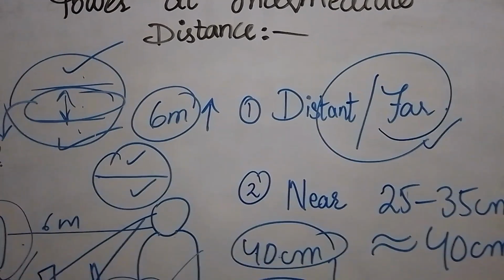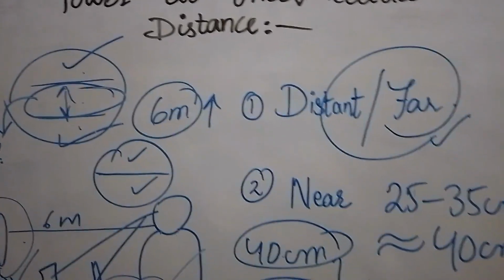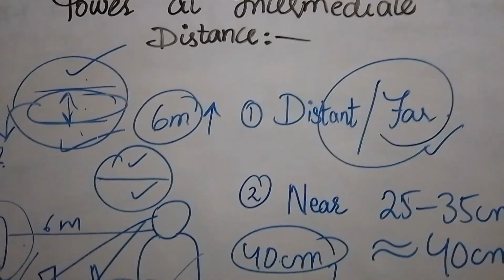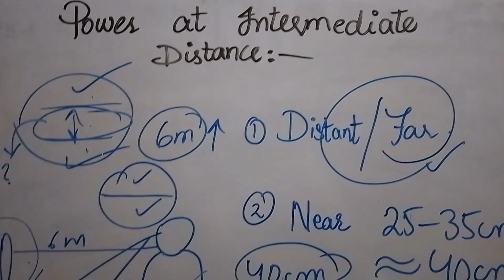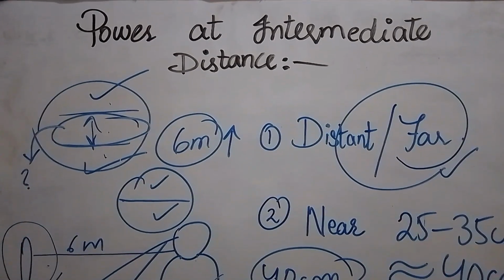However, when I'm viewing something at a very far distance, more than 6 meters or at 6 meters, my accommodation is not zero but it's minimum at that point.